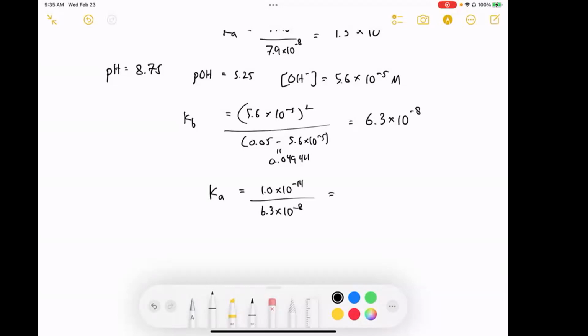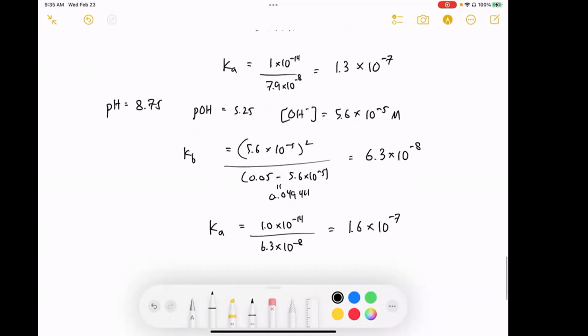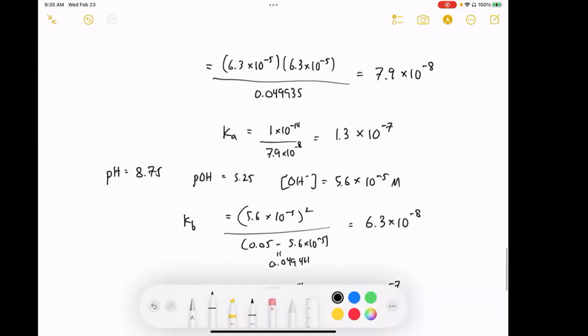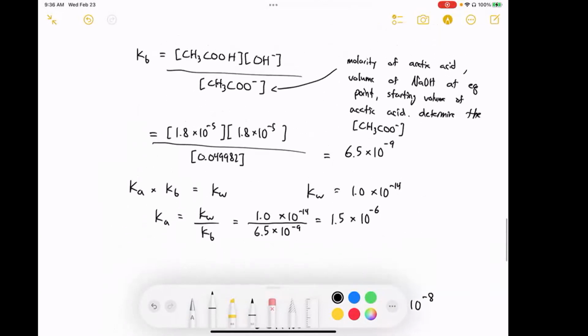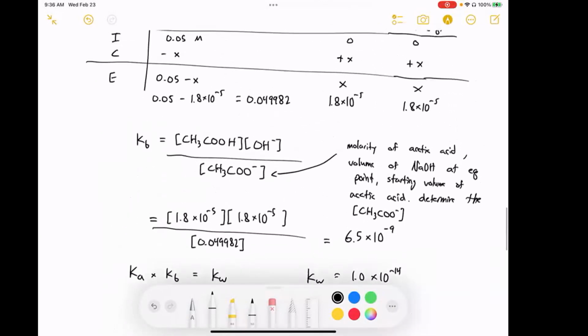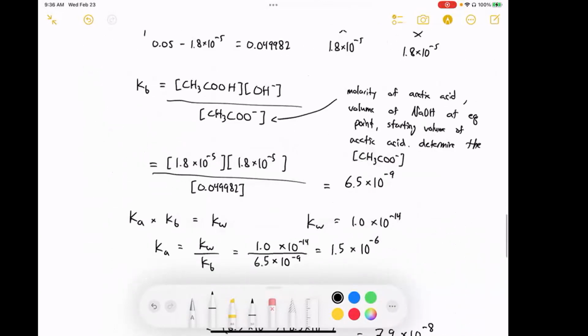And we still get a value of 1.6 times 10 to the negative 7. So still negative 7. Okay. So we're still getting a value, but our value here was pretty close when we had 10 to the negative 9. So when we had our Ka value of 9.25.